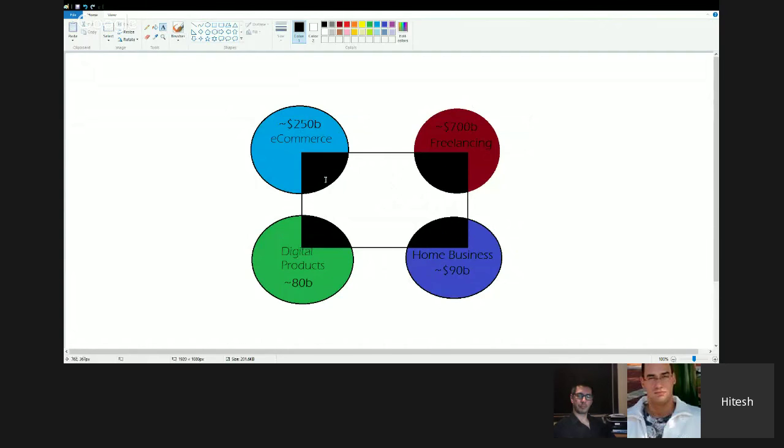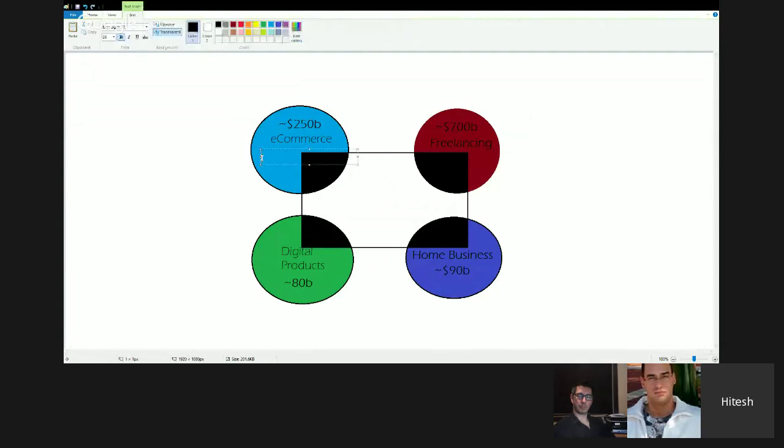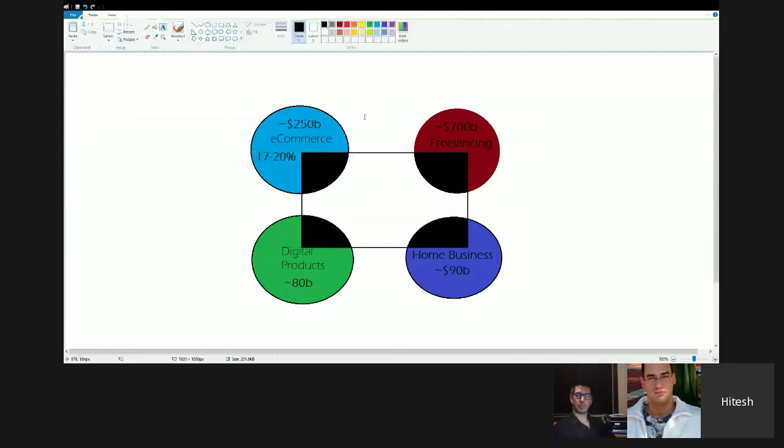Now let's break down the profit margin on each of these industries. On the e-commerce side, the profit margin averages out at 17% to 20%. Okay, that's the average e-commerce profit margin on the physical products. Now, there are a lot of people making 17 to 20%, but they're all individually making around 17 to 20%.